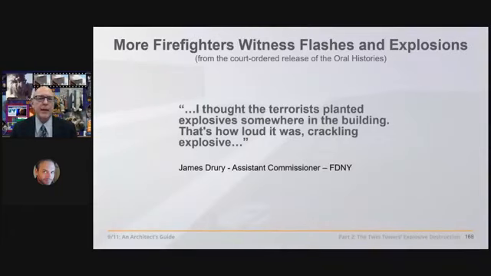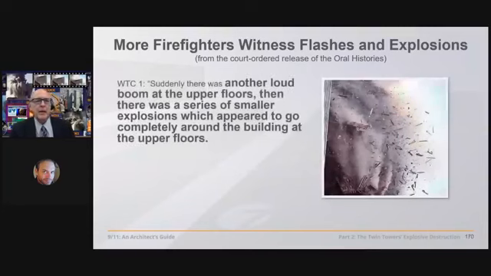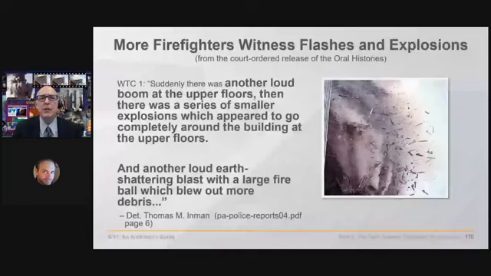I thought the terrorists planted explosives somewhere in the building. That's how loud it was. A crackling explosive. Another loud boom at the upper floors. Then there was a series of smaller explosions which appeared to go completely around the building at the upper floors. And another loud earth-shattering blast with large fireball which blew out more debris.